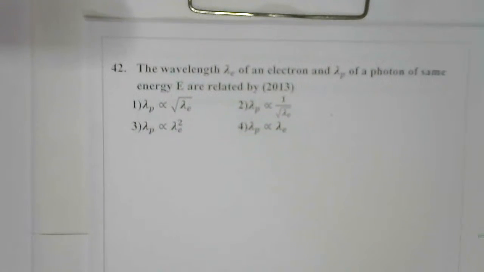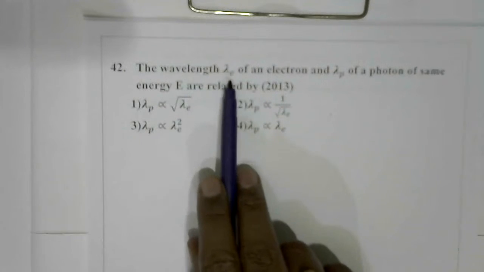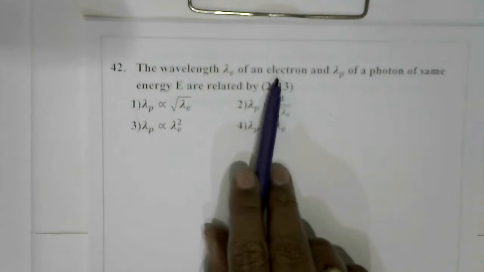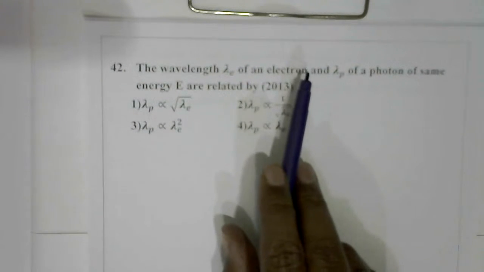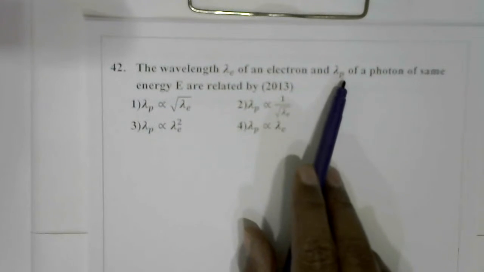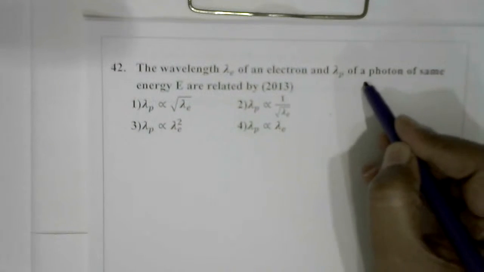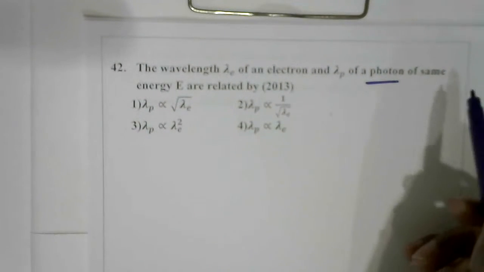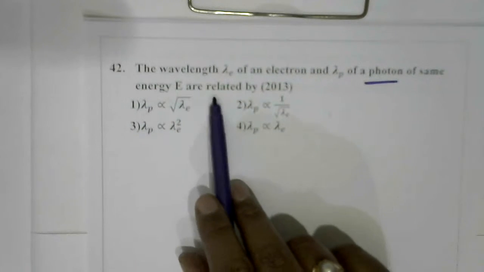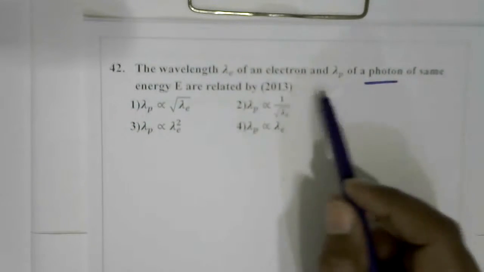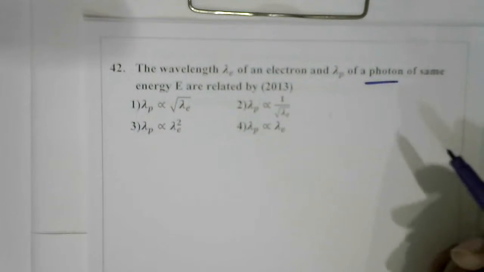Well, this question: the wavelength lambda E of an electron and lambda P of a photon of the same energy are related by... So here you should be careful. These wavelengths you have to relate. Okay.